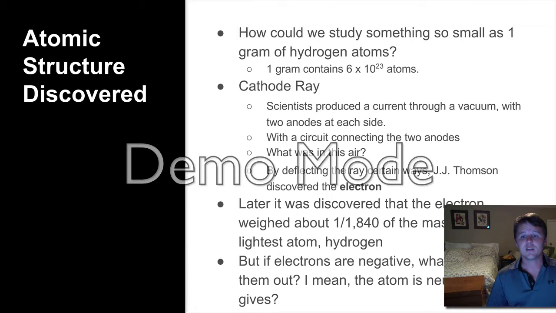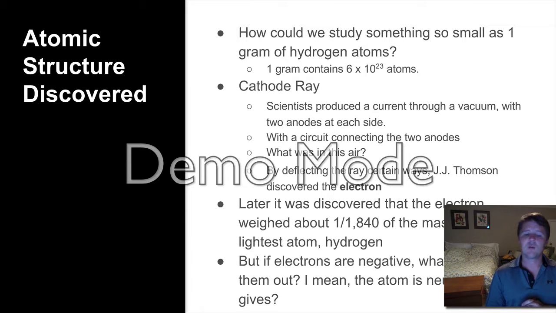1 gram of hydrogen atoms contains 6 times 10 to the 23rd atoms, which is amazingly small. So the cathode ray helped discover the electron.